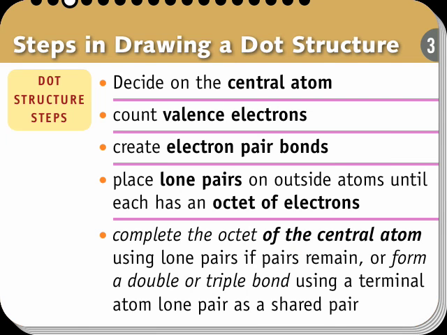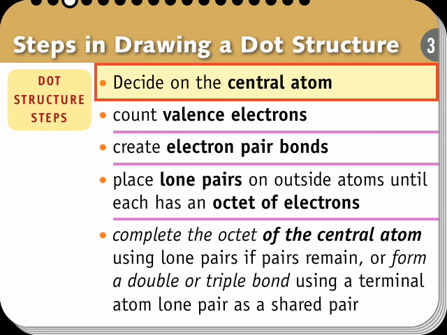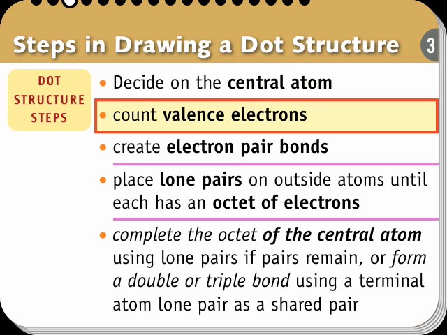Here, briefly, are the steps we will use in drawing a Lewis electron dot structure. First, decide on the central atom, then count up the number of valence electrons in the molecule or polyatomic ion. Next, we use pairs of electrons as bond pairs to form electron pair bonds between pairs of atoms.